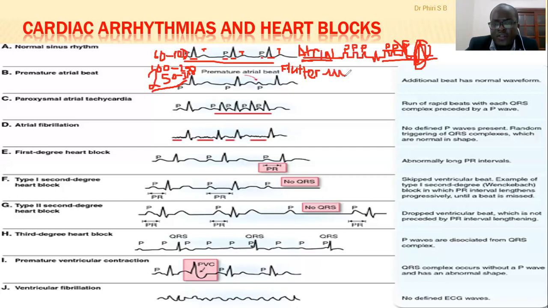Then one wave will follow with a QRS complex, then it will go back. You have these flutter waves. These are not called P waves, they are called flutter waves. Then one is followed by a complete QRS complex, then it starts again. These are called flutter waves with a capital letter F.